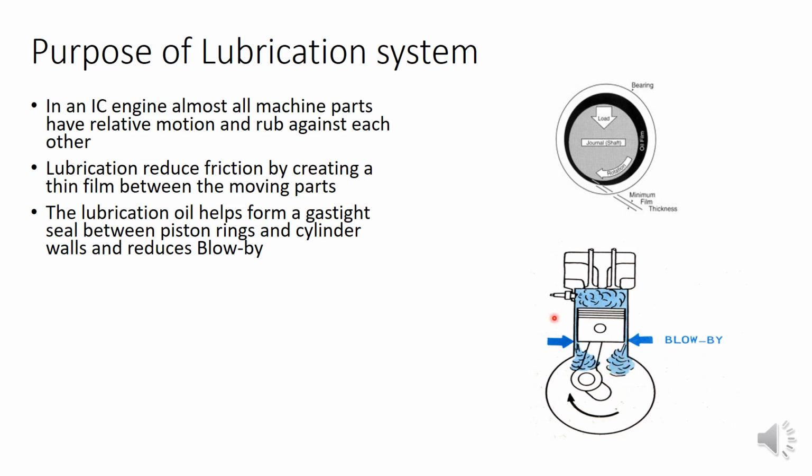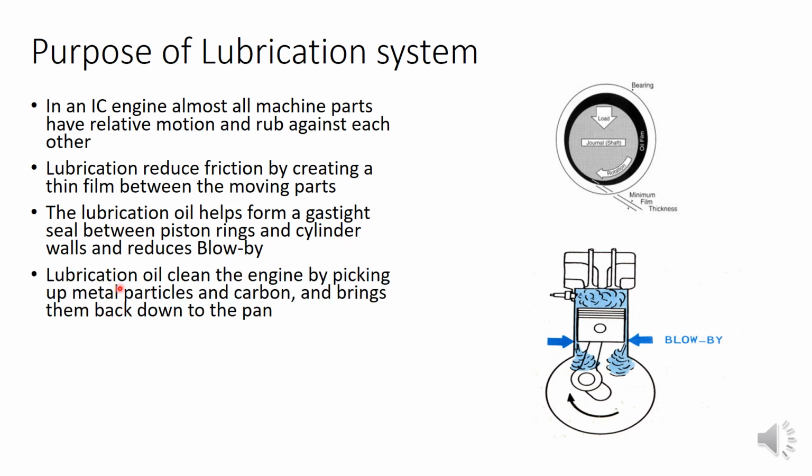When we are applying a lubrication system, an oil tight seal will be formed between these piston rings and the cylinder, so the gas will not enter into the crankcase. That is another function of lubrication system. This is mainly in 4-stroke engine. It helps to reduce the blow by forming a gas tight seal between the piston rings and cylinder walls.